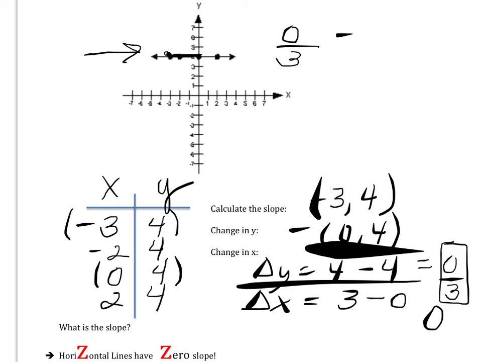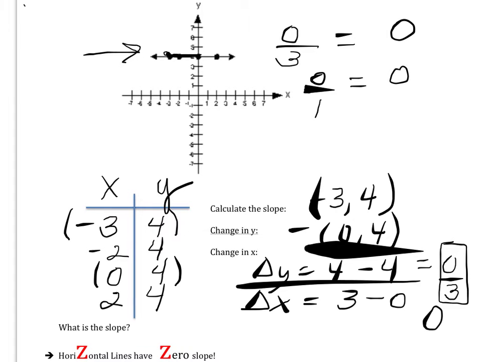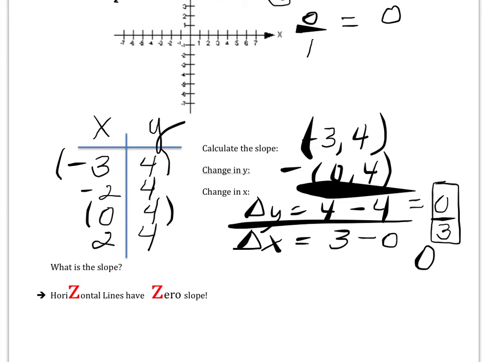And you'll also see that 0 divided by 3, or if you did 0 divided by 1, in both cases you will end up with a slope of 0. So what is the slope of a horizontal line? As we've been saying in class, the slope of a horizontal line, it's a 0 slope.